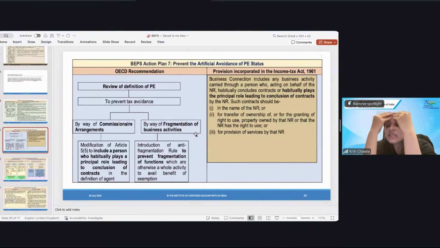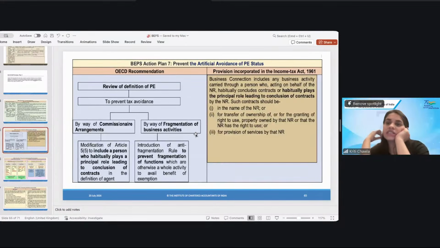This is the reason they came up with an anti-fragmentation rule to prevent fragmentation of functions, which on a separate level may be preparatory or auxiliary. But when you look at it on a whole basis, then this is the actual activity. So this is the recommendation that they provided.